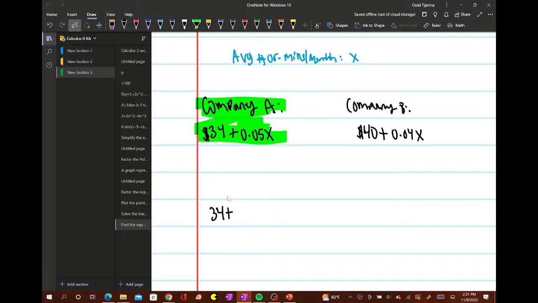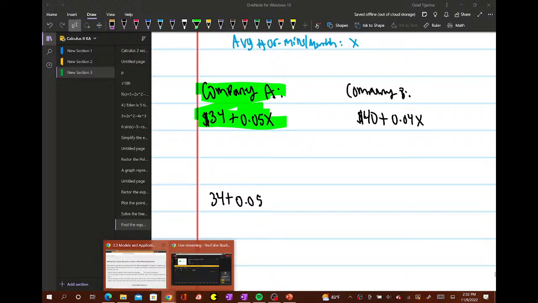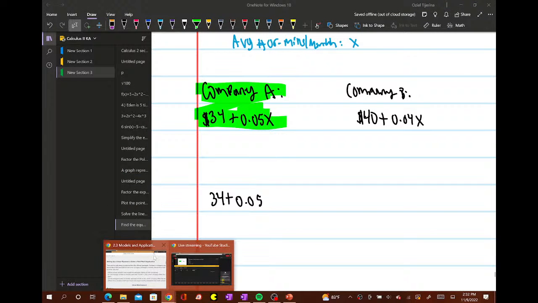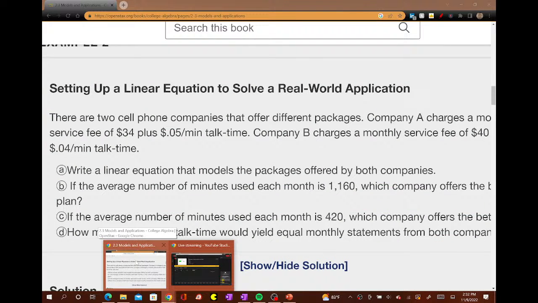So $34 plus 0.05x, right? And then company B charges a monthly service fee.